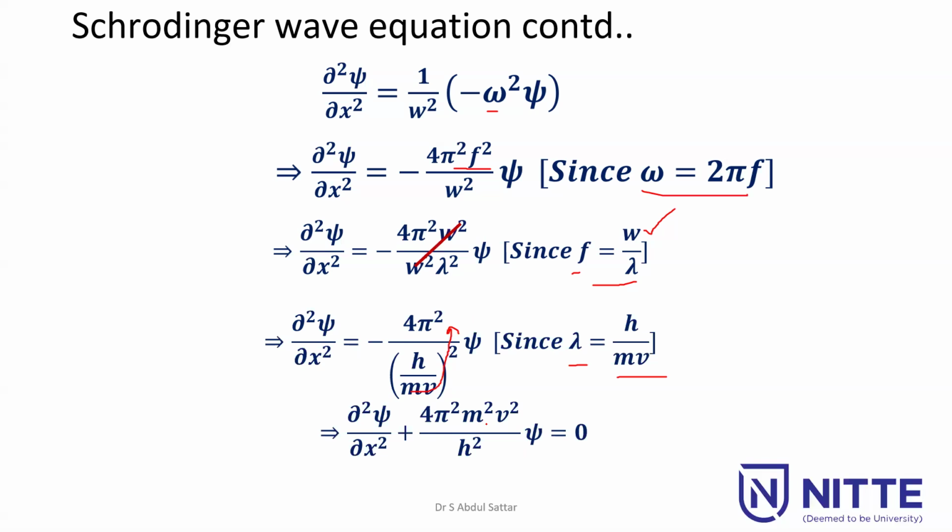Now let us take E as the total energy of the particle and V as the potential energy. Then E minus V gives what value? The kinetic energy.